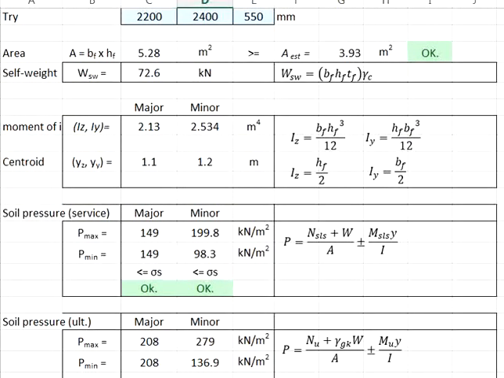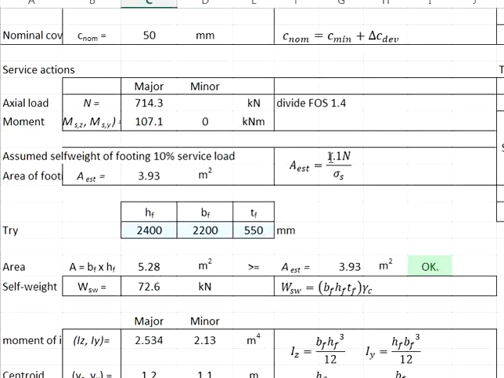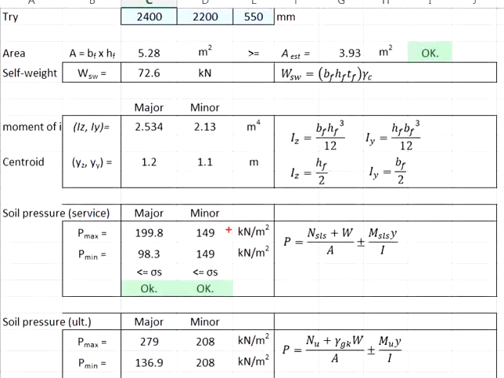Next, the calculations of the soil pressure. The same formulas are used. That means in this example, the uniform stress will be in the major axis, whereas in the previous example, the uniform soil pressure will be in the minor axis.